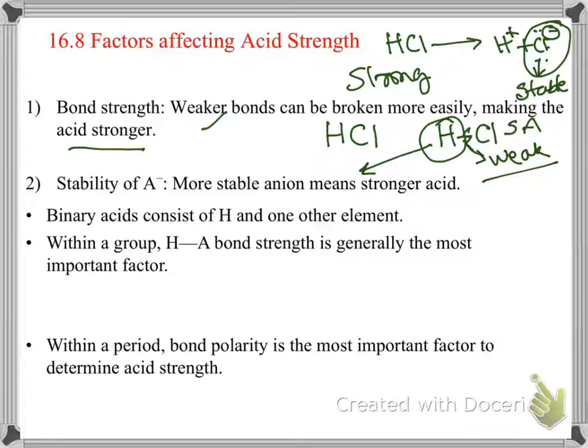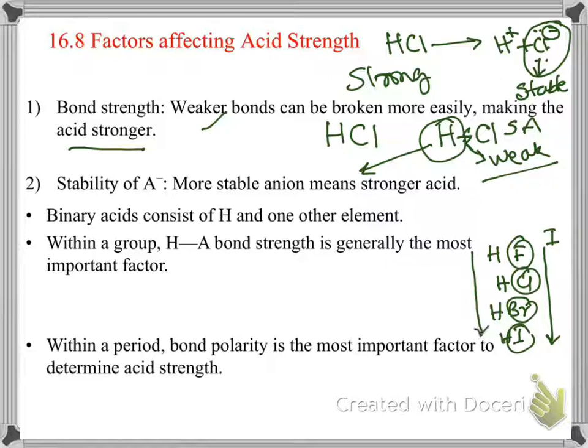For example, going back to HF, HCl, HBr, HI. If you go down in a group, the size of these atoms increases. If the size increases, then the acidic character also increases. Acidic strength increases down the group.